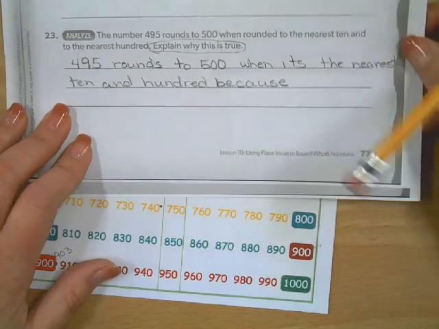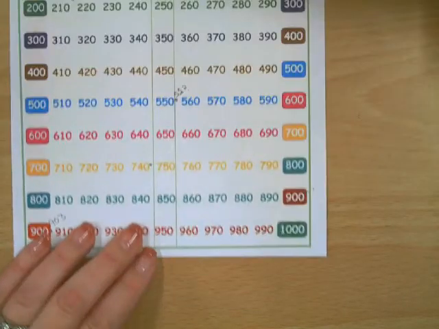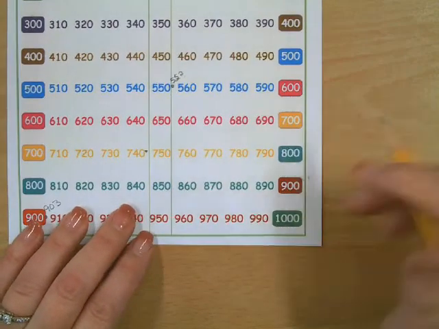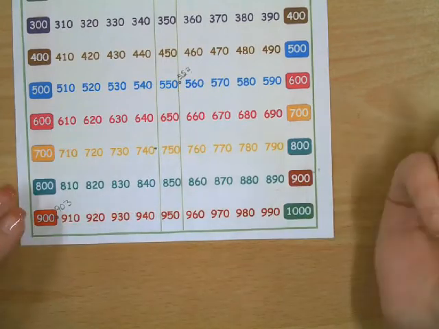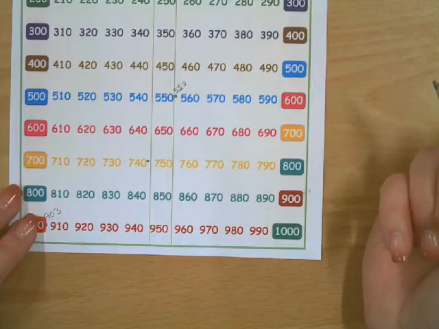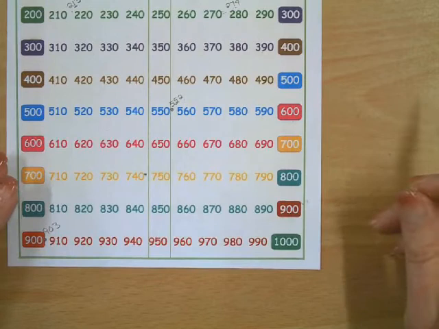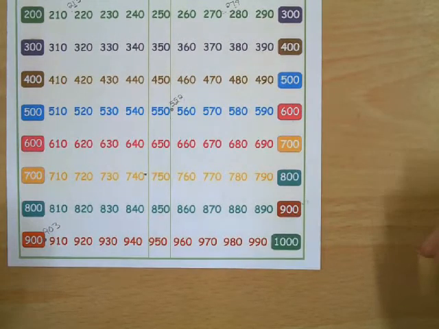So I'm going to locate 495 on our, actually, Aiden, why don't you go up there? Locate for us where 495 would be. Here's a marker.